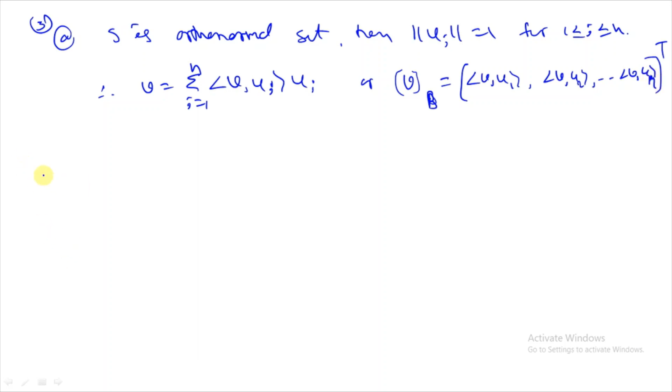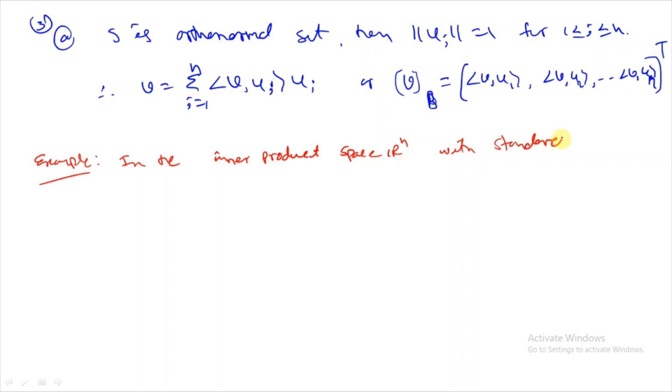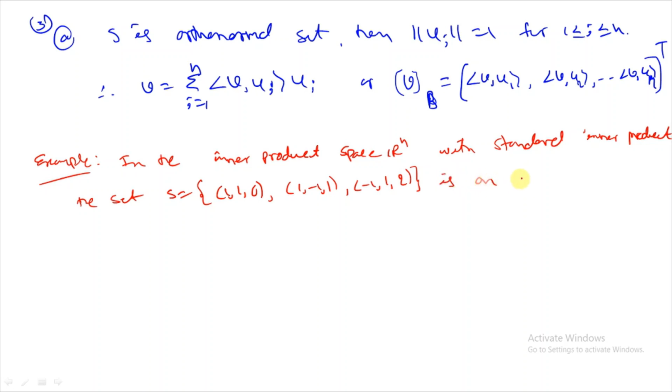So for example, suppose in the inner product space R3 with the standard inner product, the given set S is (1,1,0), (1,-1,1), (-1,1,2), which is an orthogonal set.